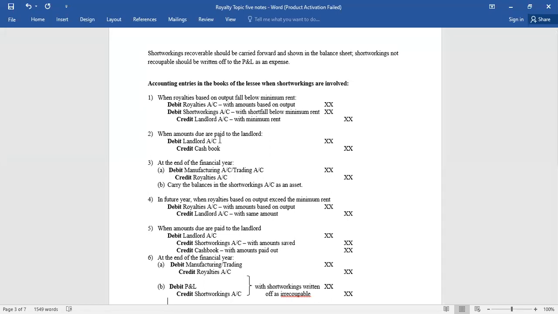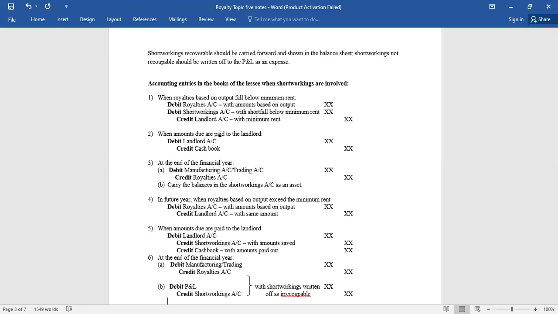Our transaction 1 occurs when we enter into the contract with the landlord. Transaction 2 is when we make the payment. We are going to debit the landlord account and credit our cash book account, just as in the introductory part. Then transaction 3 will occur at the end of the period when we are closing our books.